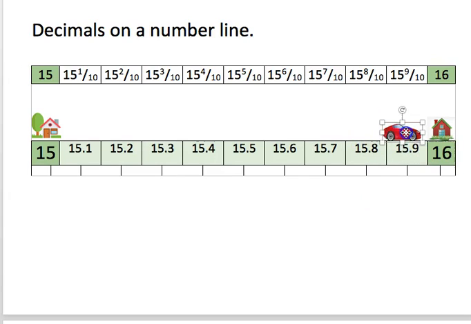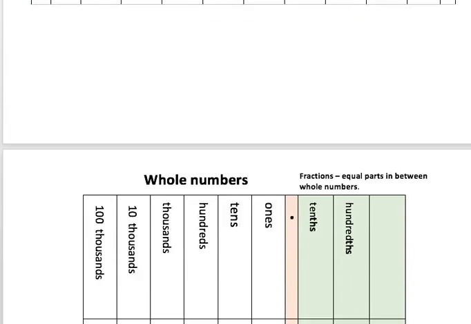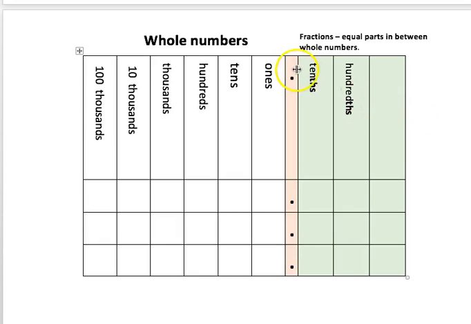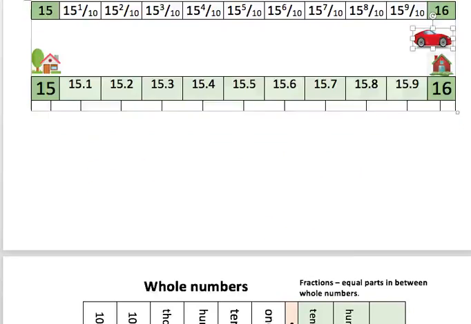Once you get to 15.9, you're not there. But once we get to 16, we are in the next whole number. And again, that all-important number chart, where the decimal point gives us the idea that we're working with numbers that are between the 15 and the 16.